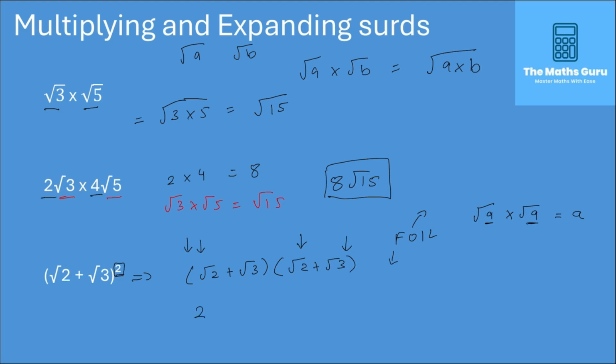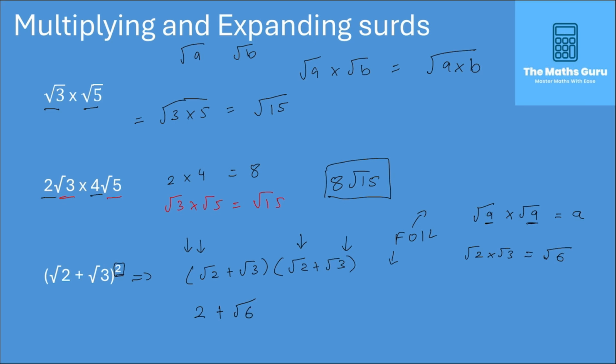Now, we are told to do outside terms. This is going to be root 2 times by root 3. If we look at our above general rule, this is going to be root 6, because 2 times 3 is 6. Therefore, we're going to have add root 6.